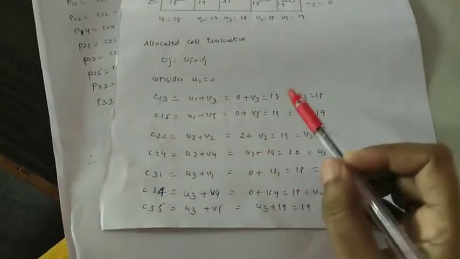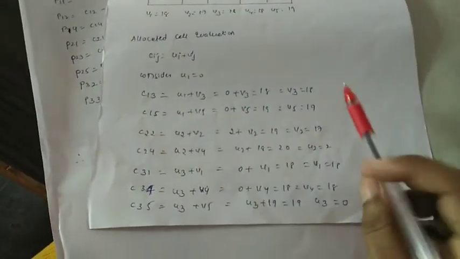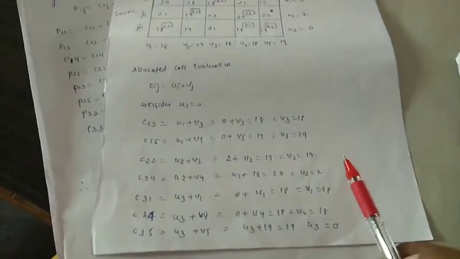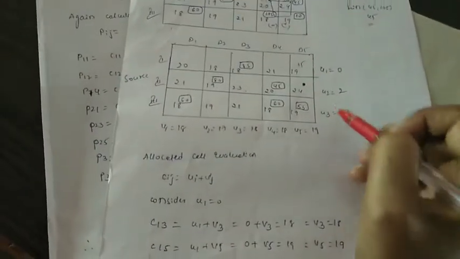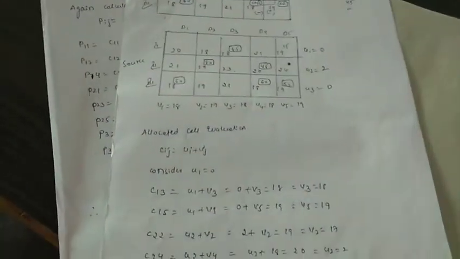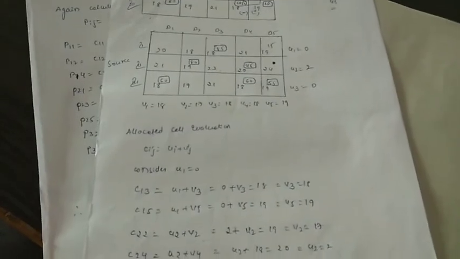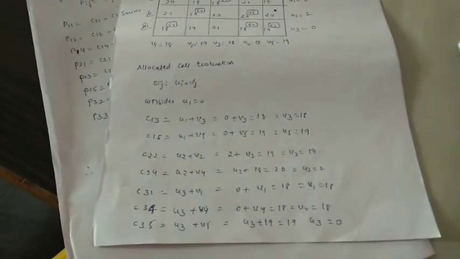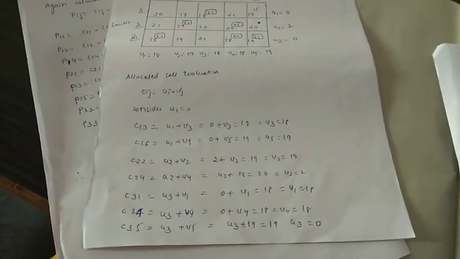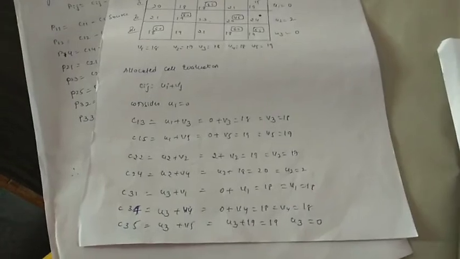So we just do the procedure like that, and got the values of u1, u2, u3 and v1 here. Just put all the values here. So we can change. You can do the u1, u2, u3, v1, v2, v3, v4, v5 only.